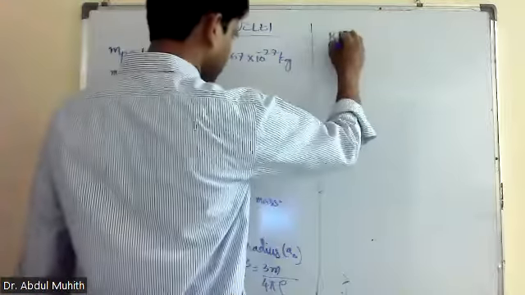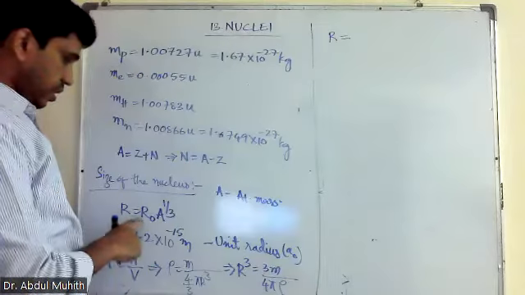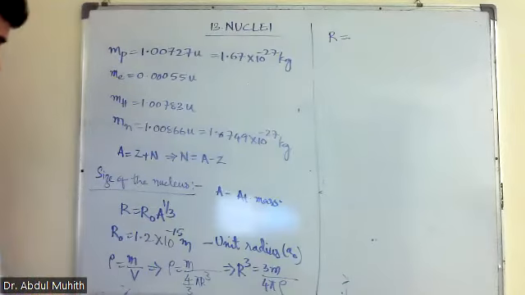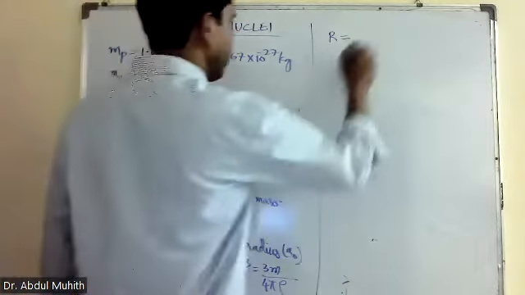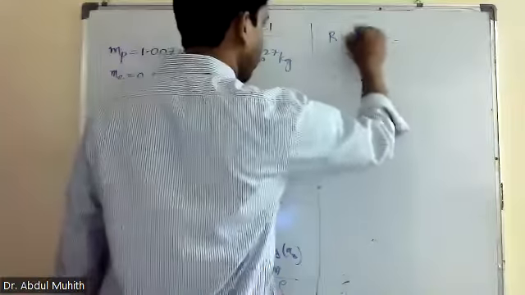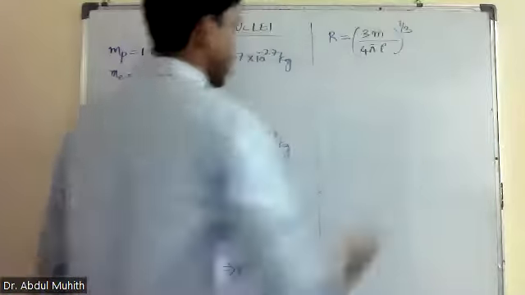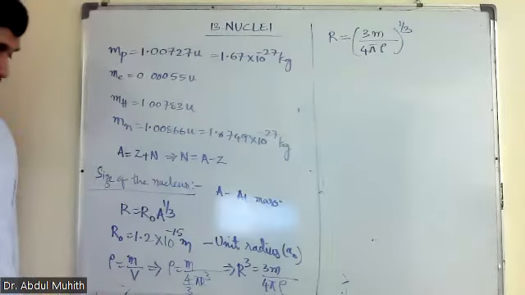So R is equal to 3m by 4 pi rho whole to the power of 1 by 3. This is the way they calculated the radius. Is that clear now? So they followed this principle behind it.